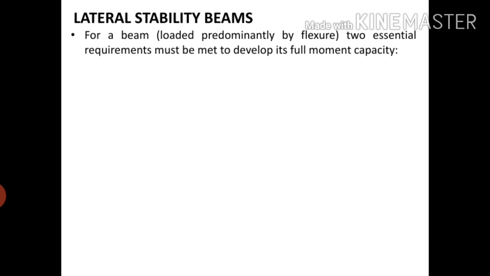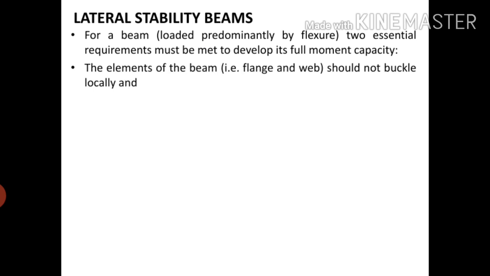And for a beam, two essential requirements must be met to develop its full moment capacity. The elements of a beam, that is flange and web, should not buckle locally.